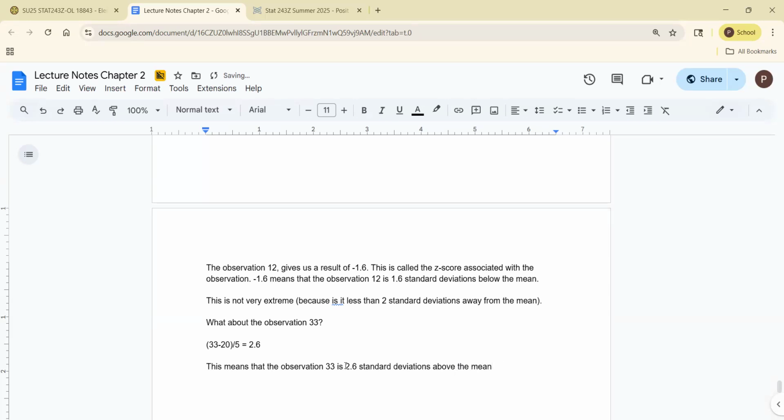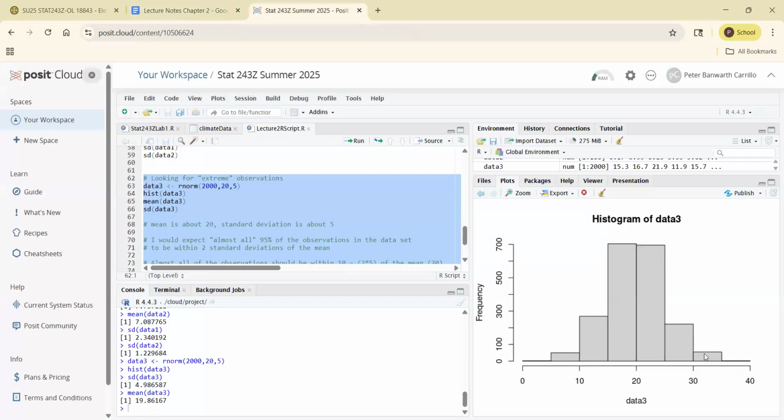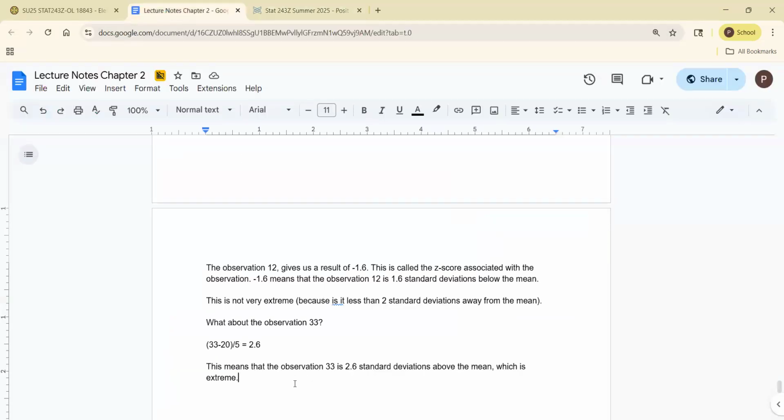It's above because it's positive 2.6, which is extreme. We would not expect to see an observation of 33 in our data set very often. Certainly it's going to happen. Here's our histogram, and we can see that 33 exists sometimes, but it's not very common. It would be surprising if we had that observation.